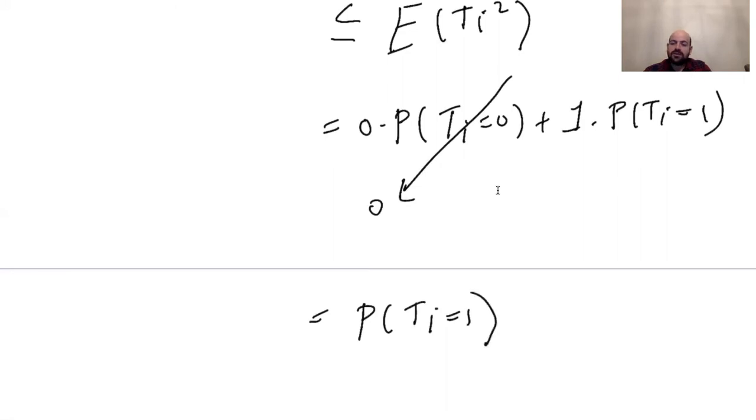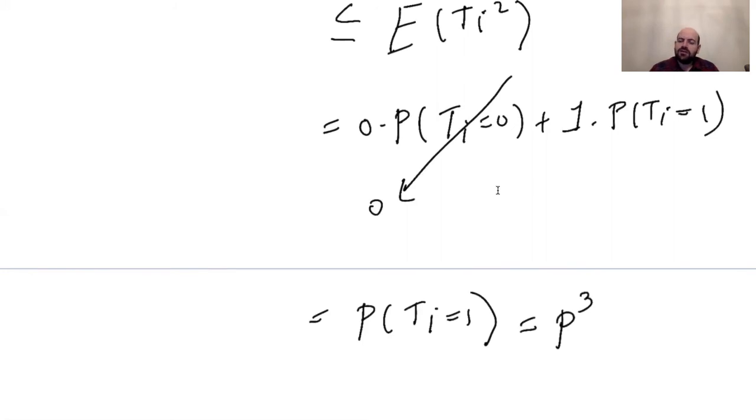And what is the probability that Ti is 1? Ti is one of the indicator random variables. The probability that it's 1 means the probability that I have a triangle with vertices 1 to 3 if it's T1, vertices 1 to 4 if it's T2, and so on. No matter which three vertices, the probability is P cubed.